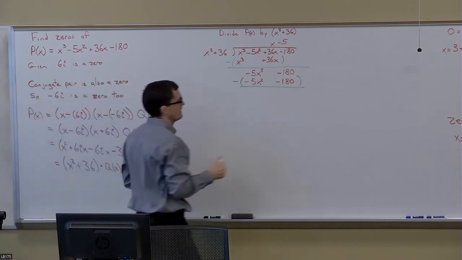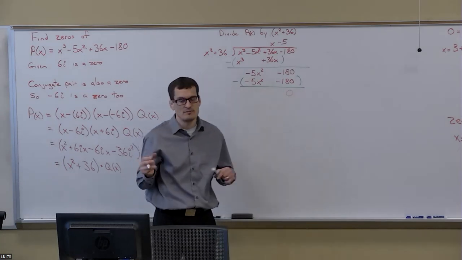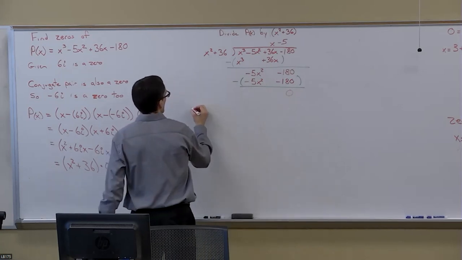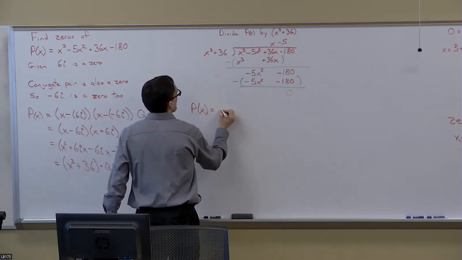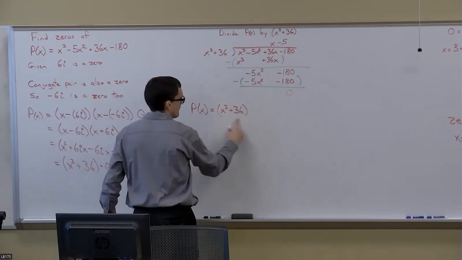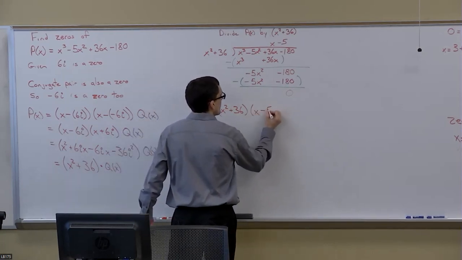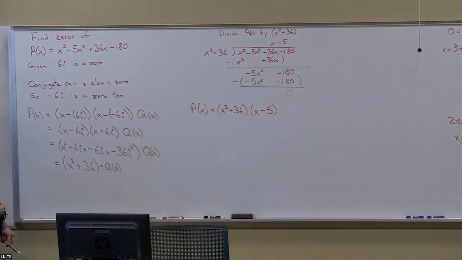Subtract, and I better get remainder 0 there, right? Otherwise, I've messed something up in my calculations. And so this means that my polynomial is actually x squared plus 36, times the linear component x minus 5.